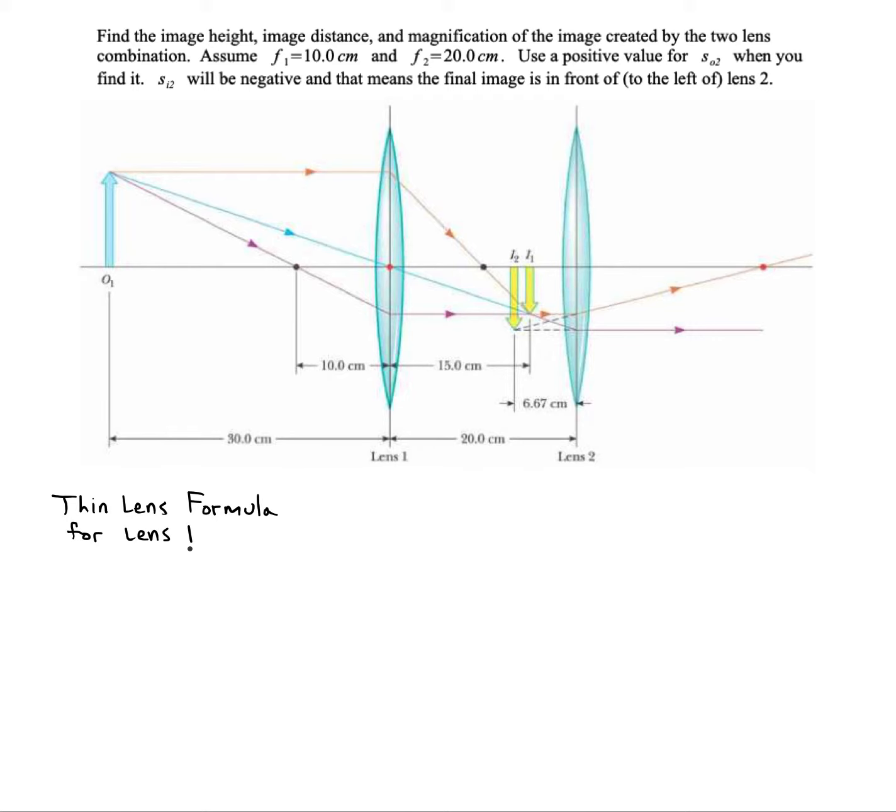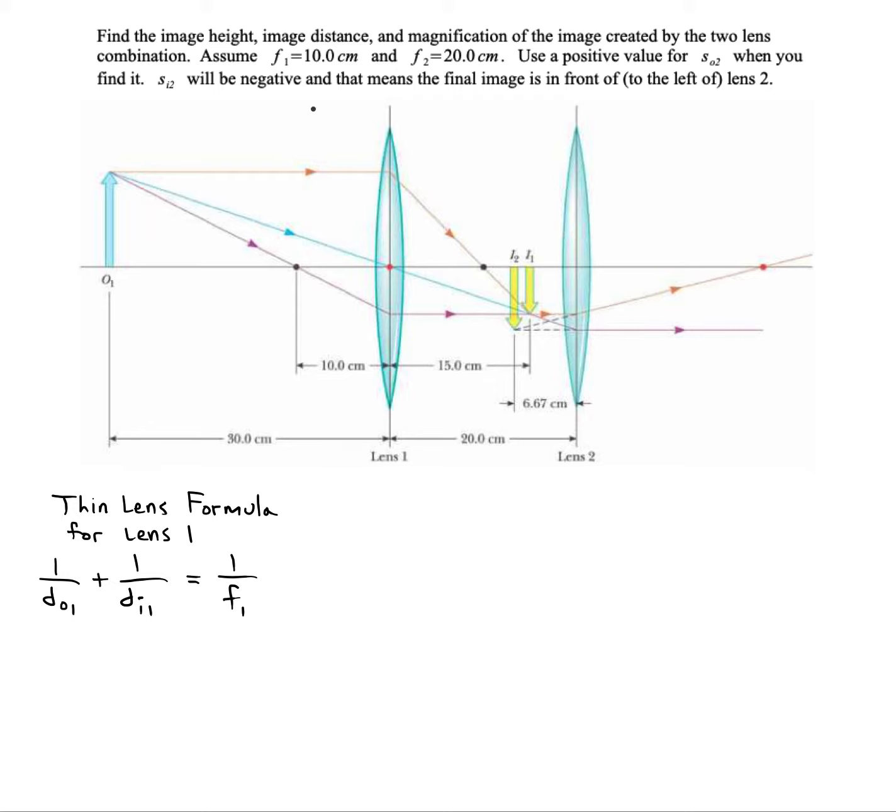I'll write it a little bit differently: 1 over dO1 plus 1 over di1 equals 1 over f1. I want a subscript of 1 on all these terms because we're going to have another formula for lens 2.